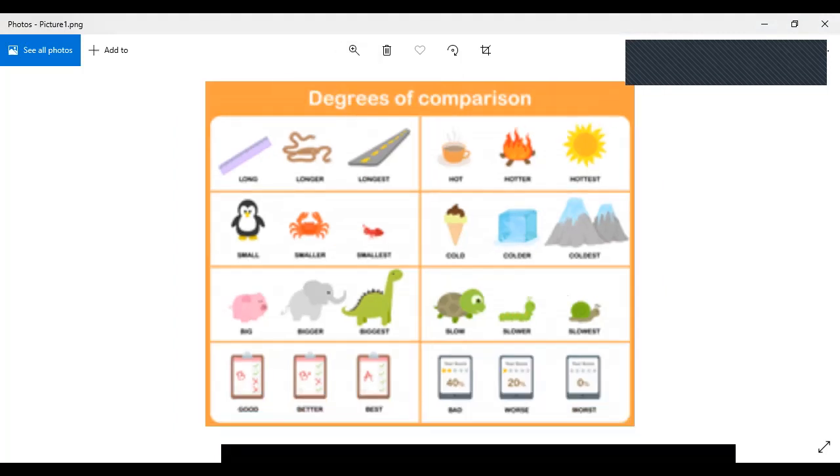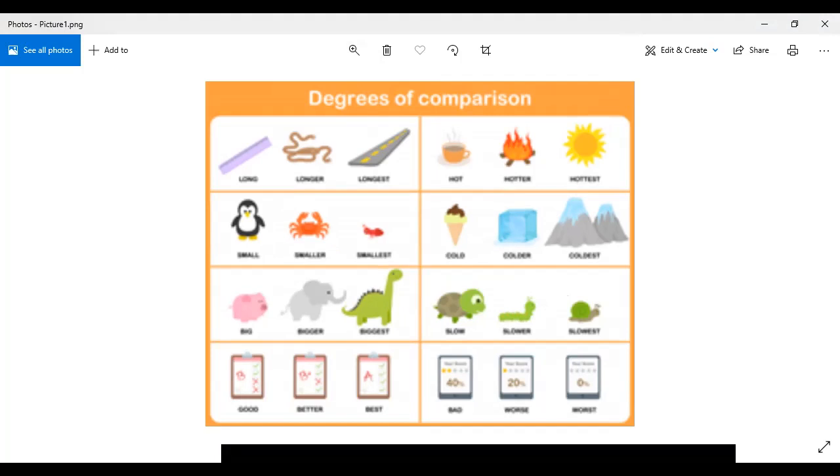Now look at this picture. See, this scale is long, this snake is longer, and the road is longest. This is how we make comparisons, right? Now look at this. The cup of tea is hot, the fire is hotter, and the sun is hottest. This is how we made degrees of comparisons, okay?